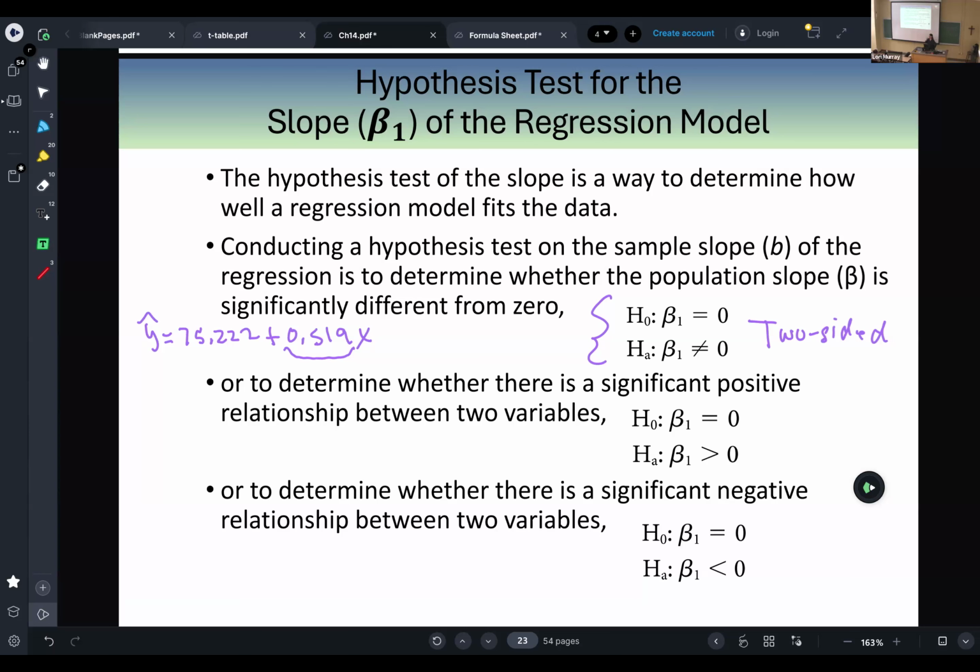So if the confidence interval contains 0, or we test it in a hypothesis test and we can't reject it, it could be 0, then we can make the conclusion that the online sales and the time spent on the chat feature are not significantly related, just by testing the slope coefficient.